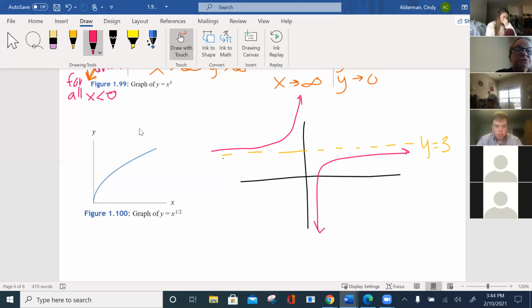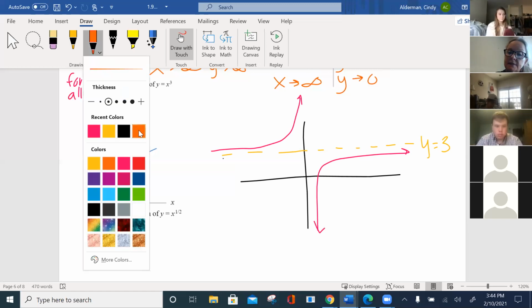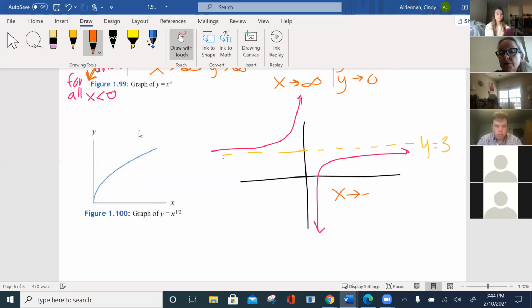If you wanted to talk about end behavior here, as x gets smaller, this is this side of the graph over here. What is y doing? Here you would say, well, y is going to travel real close to this horizontal asymptote. y goes to 3. So it's not always at the origin, just so you know.